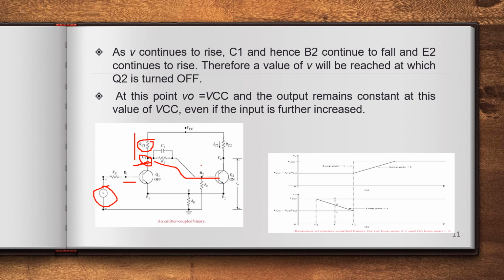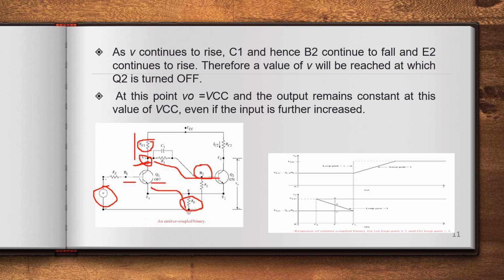That means the potential at B2 also decreases. Now the base current and collector current both flow through the emitter resistance due to conduction of transistor Q1, so a large emitter current flows through RE and the drop across RE increases.